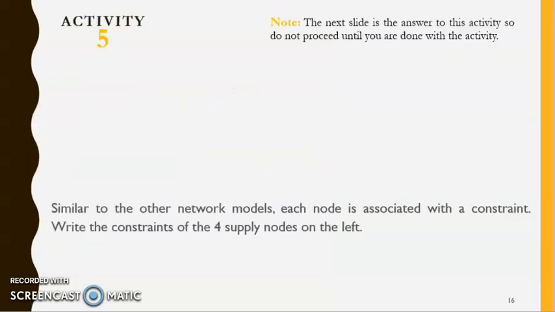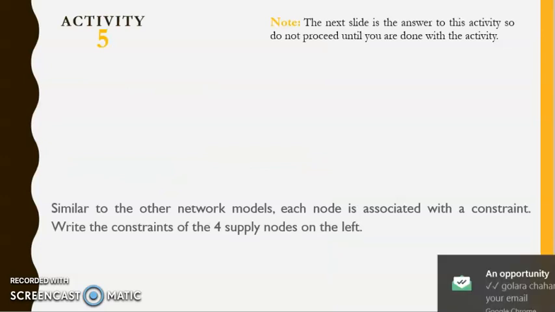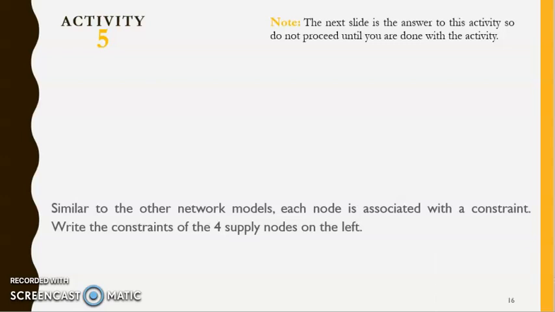And after the objective function, similar to the other network models, we are gonna have our constraints, and each node is associated with a constraint.